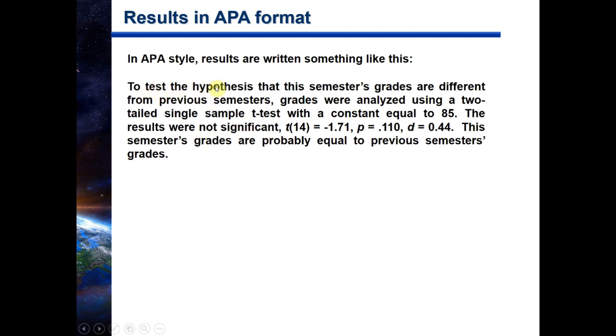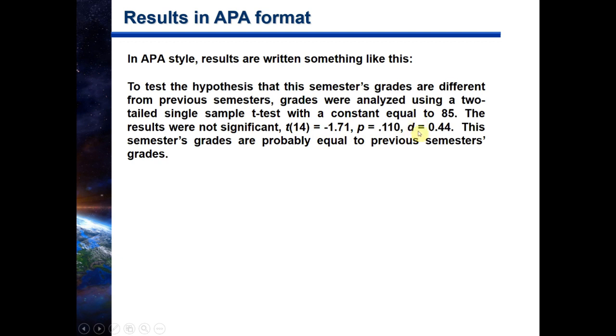So to test the hypothesis that this semester's grades are different from previous semesters, grades were analyzed using a two-tailed single sample t-test with a constant equal to 85. The results were not significant, and this is the statistical notation. You've been learning about that in the lab.